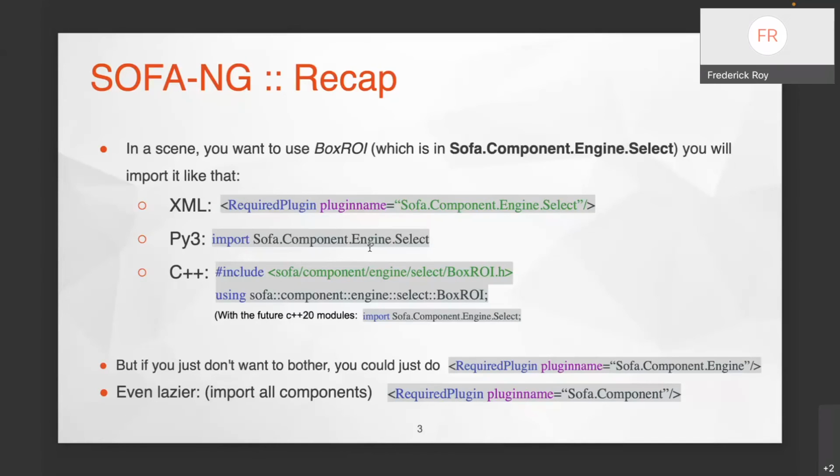And if you really don't want to care about the number of plugins you want to load, but just say, okay, I'm using a lot of components, I don't want to care about audio, solver and stuff, you just do require plugins for that component. It will load all the components of SOFA. So it's not very efficient at startup, but at least you don't really have to bother about what you want to load. So that's a nice feature, I think.